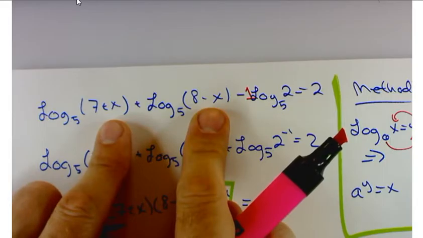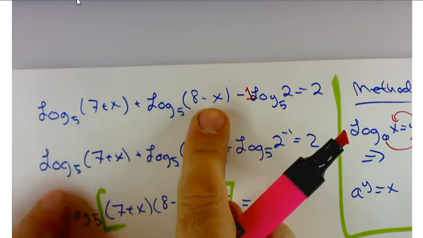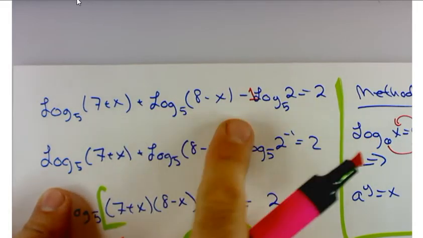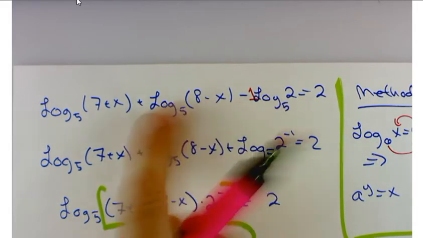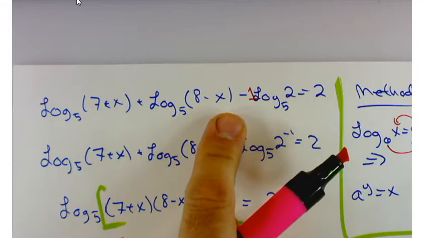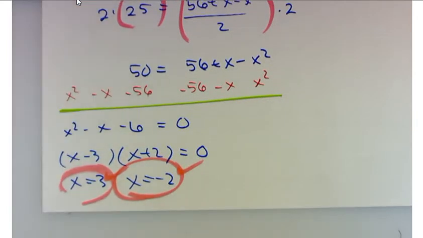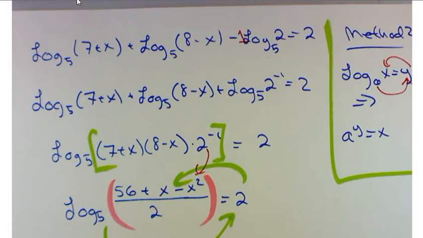No. So 3 is okay. What about if I put in a negative 2? Is negative 2 going to create a problem when I put it in either of these expressions? No. So both of them, in this case, check. Now you can check it further if you want, but what we've done is the minimum that we have to do. We check to make sure that you don't get a 0 or a negative number in these logarithmic terms.